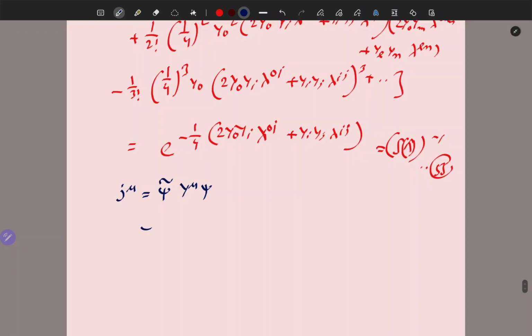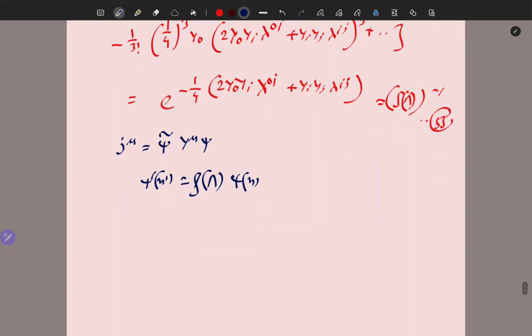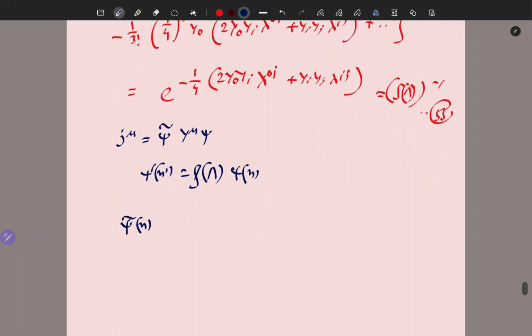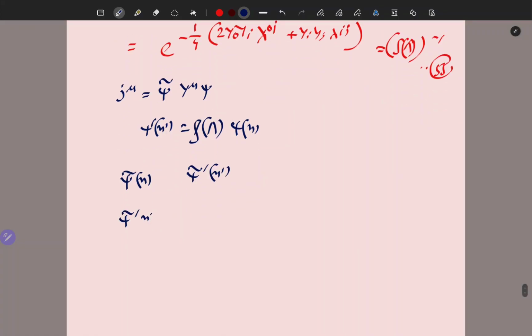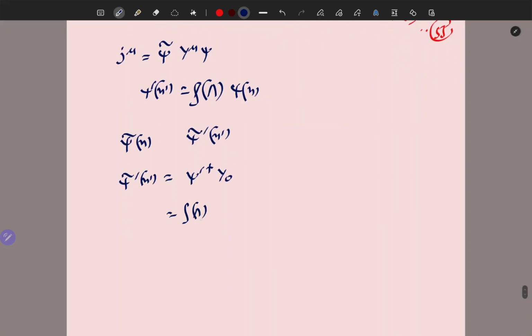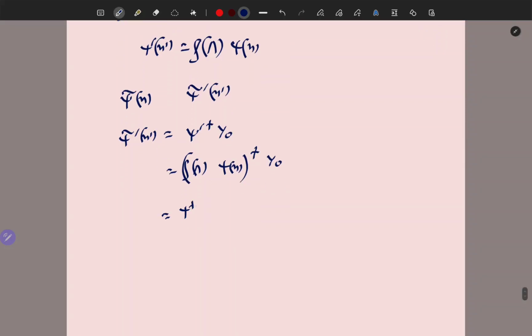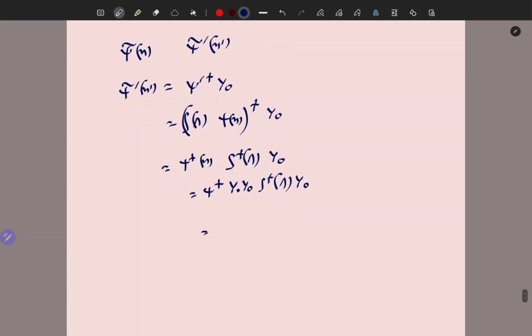When psi of x goes to psi prime of x prime equal to S lambda psi of x, under Lorentz transformation psi tilde of x goes to psi tilde prime of x prime equal to psi prime dagger gamma 0, and S lambda psi of x dagger gamma 0 equals psi dagger of x S dagger of lambda gamma 0, and psi dagger gamma 0 S dagger of lambda gamma 0 equals psi tilde of x S inverse of lambda.